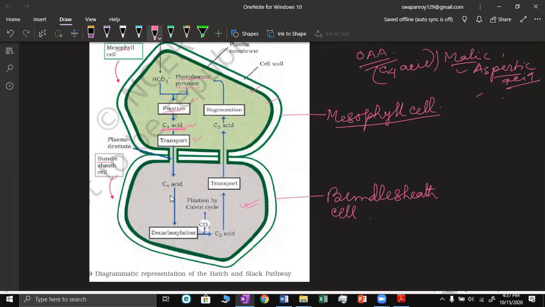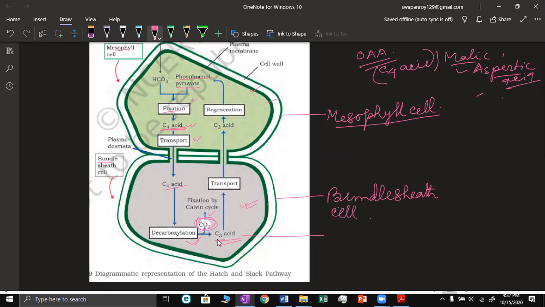Here the C4 acid breaks. Okay, C4 acid breaks into carbon dioxide and C3 acid, C3 compound, because one molecule, one atom of carbon is going out. So only three carbon atoms remain.